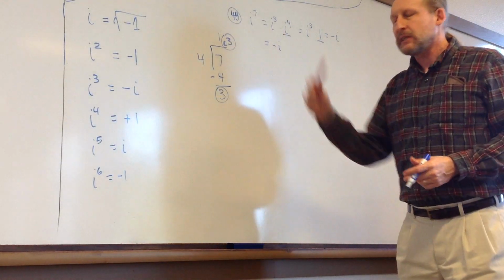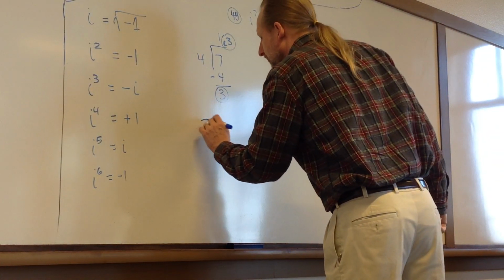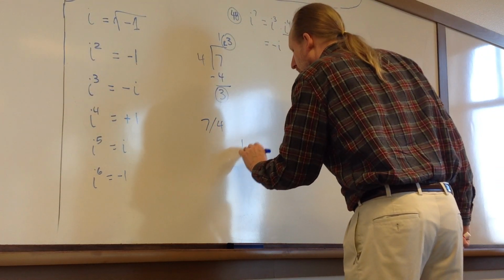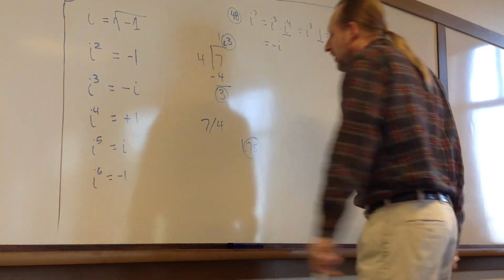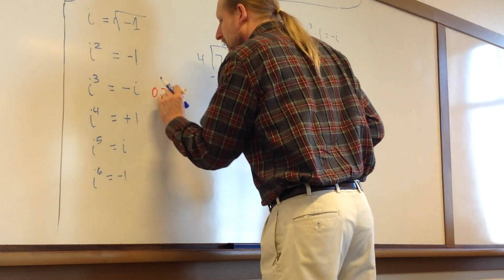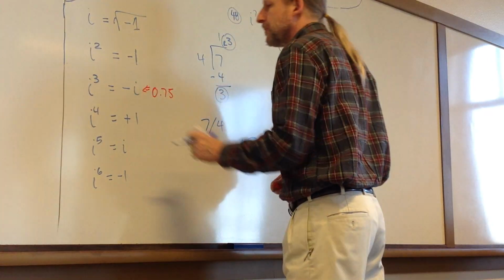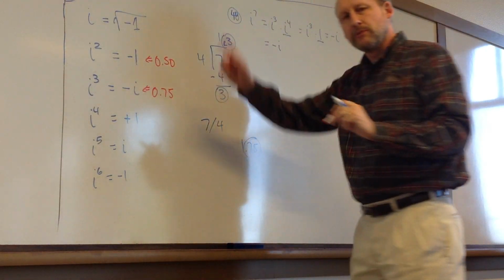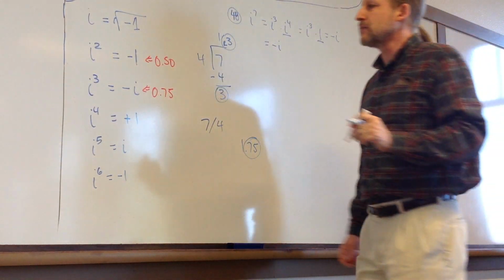Now, if you do this on a calculator, like I know a lot of people do, you do 7 divided by 4, and it's going to tell you 1.75. So, if you see the 0.75, that means I to the third power. If you see a 0.50, which is remainder 2, that means it's I squared, which is negative 1.